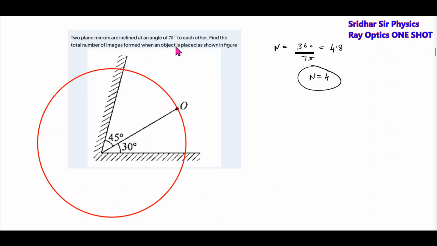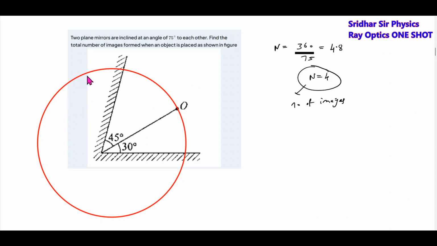Next, the angle between the mirrors is 75 degrees and the object is not placed symmetrically. Then what is the formula? The angle between the mirrors is 75 degrees, so 360 degrees by 75 will be 4.5. So the number of images formed will be only 4. This is a very simple thing, no need to do any research further here.